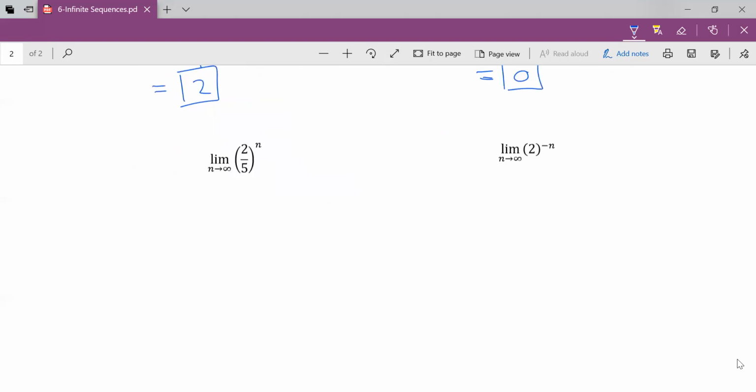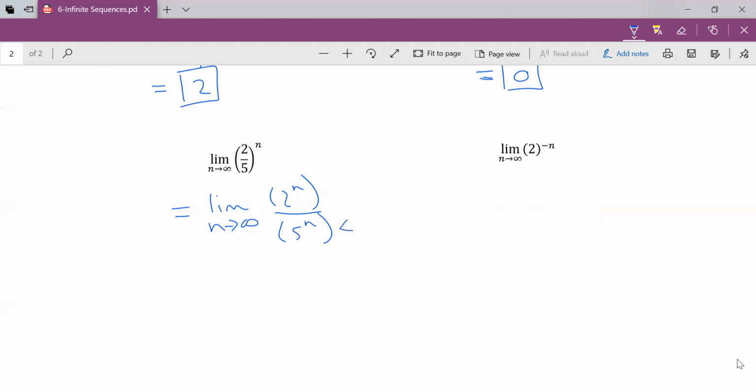Well, as n goes to infinity of this thing, what's happening? Maybe I want to think of it like this. I'm going to use my power law and rewrite it: 2 to the n over 5 to the n. Now, if I sub in infinity, I get 2 to the infinity over 5 to the infinity, and that's a bit indeterminate, isn't it? So all I'm going to say to myself is, which one is going to grow faster, the numerator or the denominator?